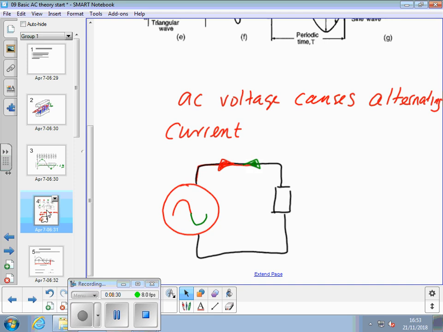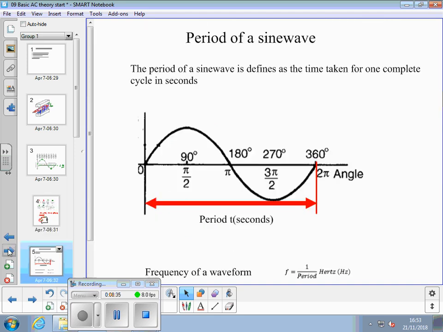Okay, so significant terms about the AC sine wave. First of all, the period of a sine wave. The period of a sine wave is defined as the time taken for one complete cycle in seconds.